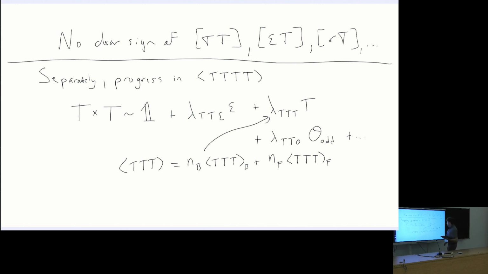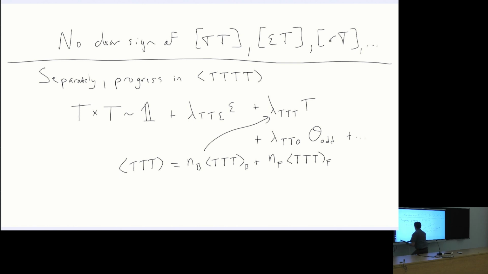Okay, and then on top of that, the stress tensor satisfies some Ward identities, so that if you integrate the stress tensor, you can get the dilatation operator, and that allows you to relate 3-point functions to 2-point functions.